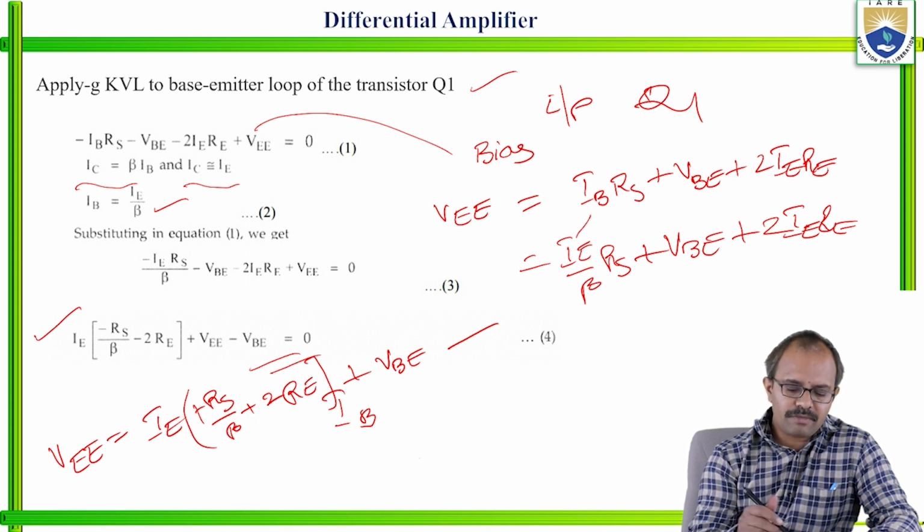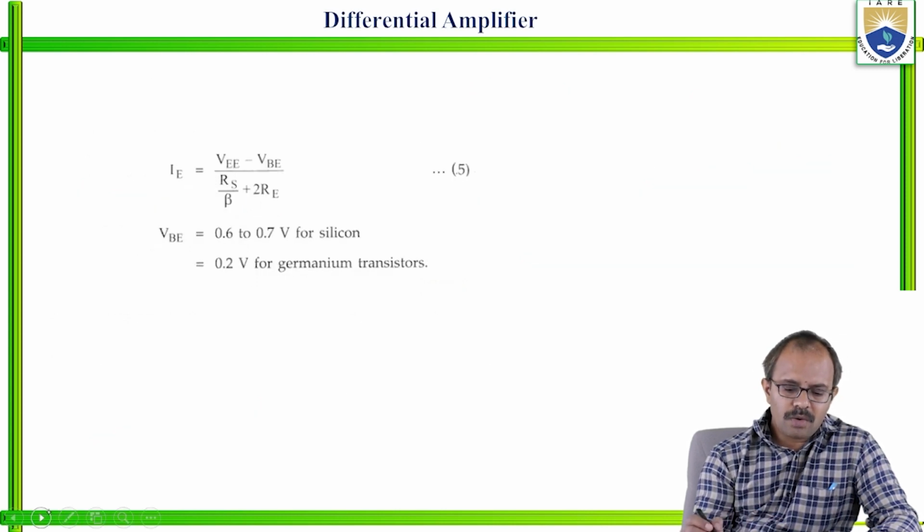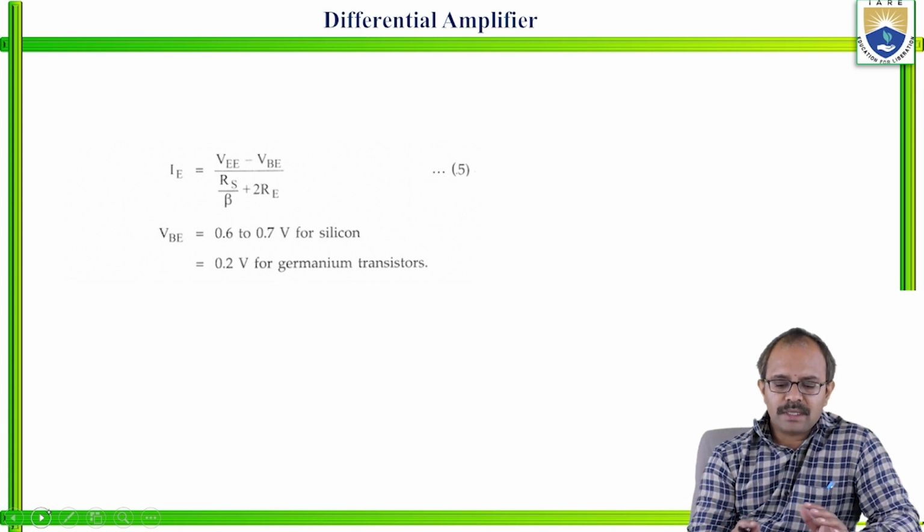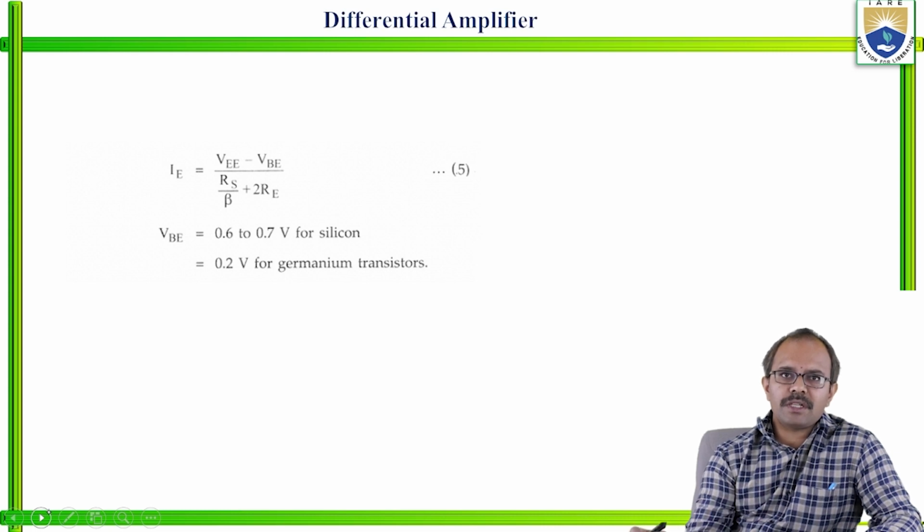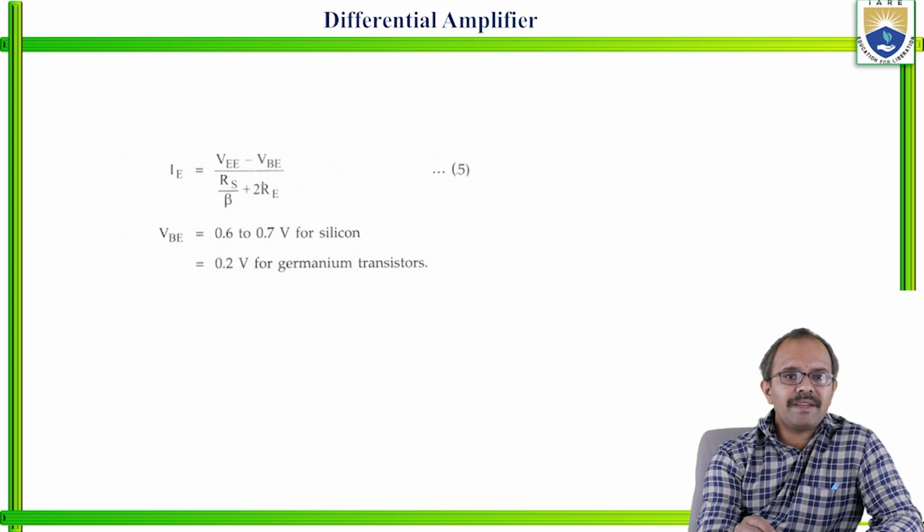Now, after simplification of equation 4, it becomes IE equals VEE minus VBE by, in the denominator, RS by beta plus 2RE.